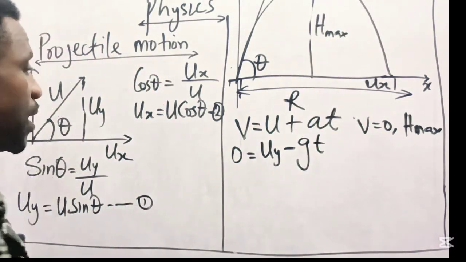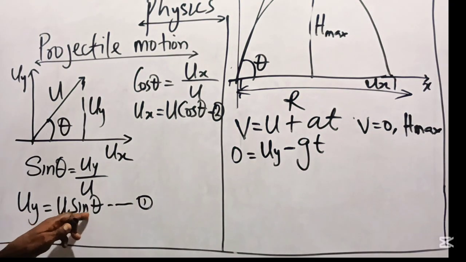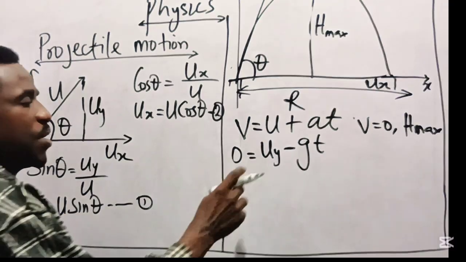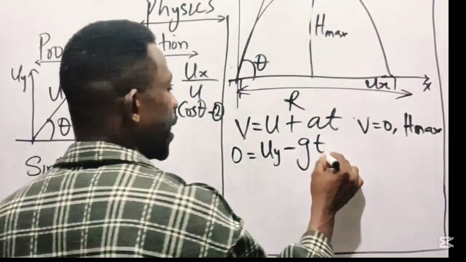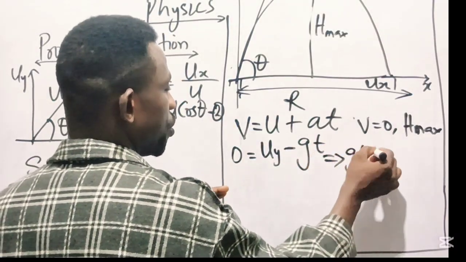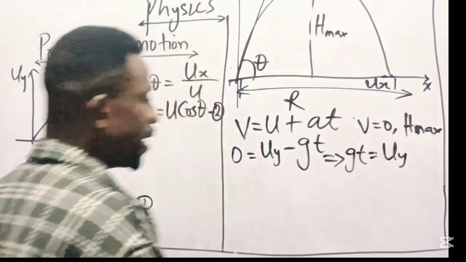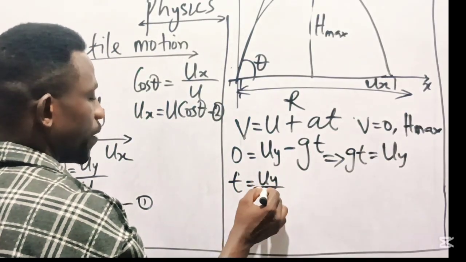The next thing, we already found out uy is equal to u sine theta, which means that anywhere you see uy, you put u sine theta. But before then, let's solve the formula: gt will be equal to uy. Then I can say that t is equal to uy all over g.